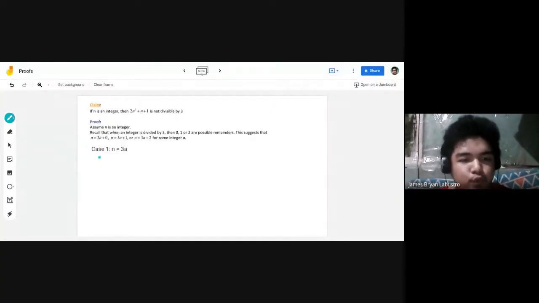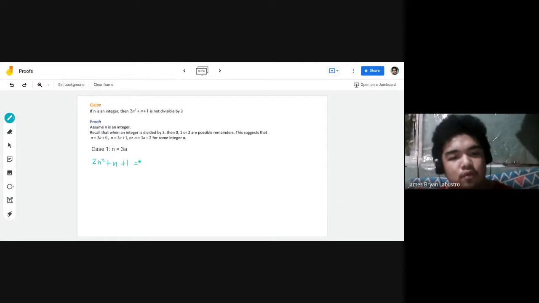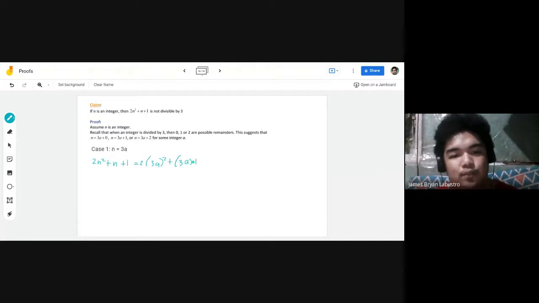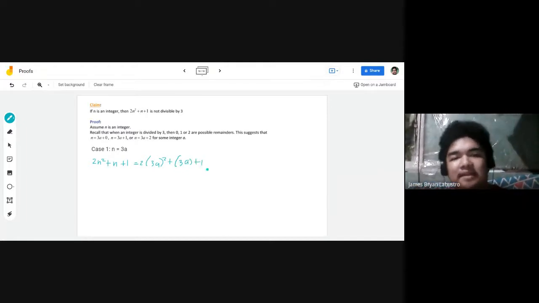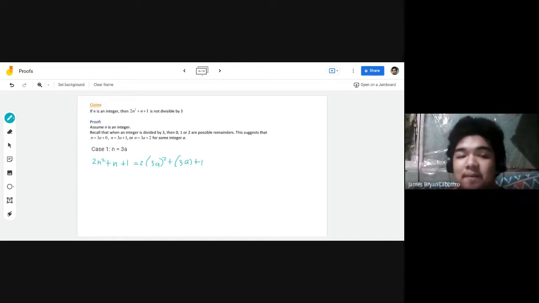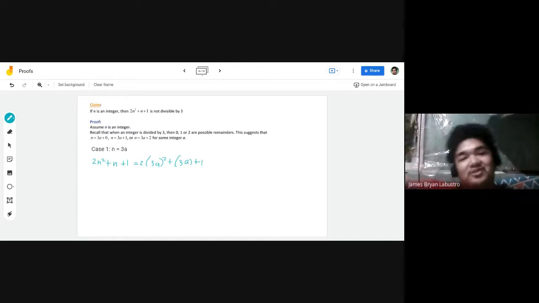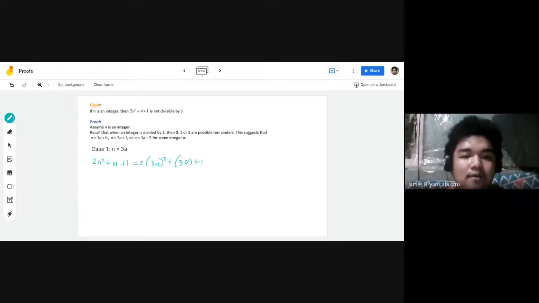So we have 2n squared plus n plus 1. So we have 2 times (3a) squared plus 3a plus 1. Okay, ganito. Bakit may parenthesis siya? It's because you are going to substitute pa. Substitute mo pa.